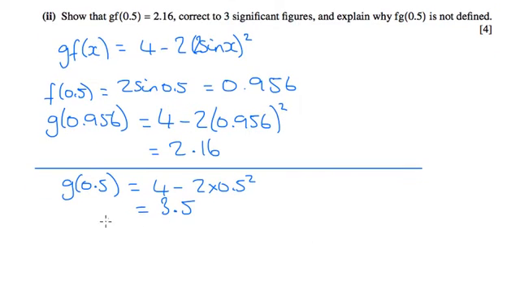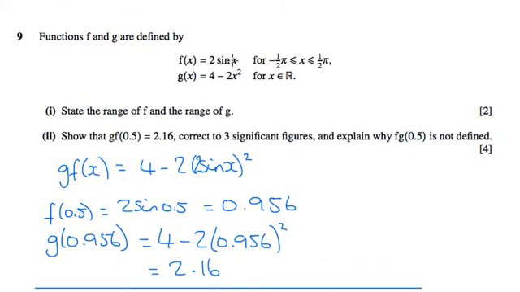So when we then try and find f of 3.5, that would mean working out 2 sine 3.5. And we can't sine 3.5. The only values that we can put in here are between minus 1 and 1.